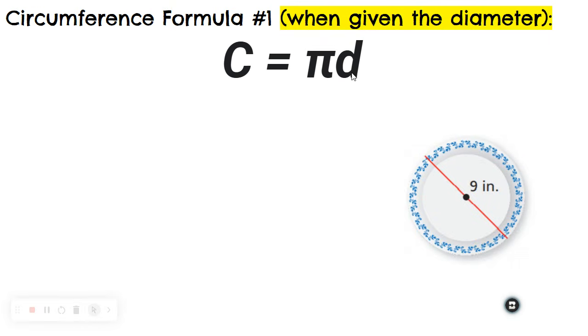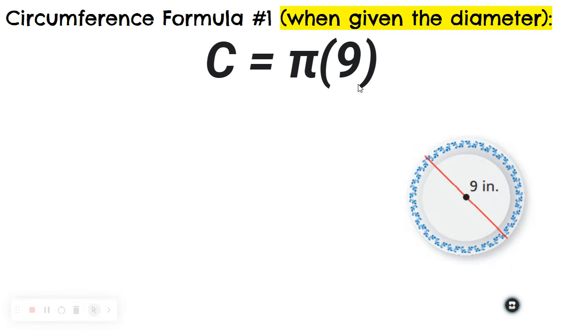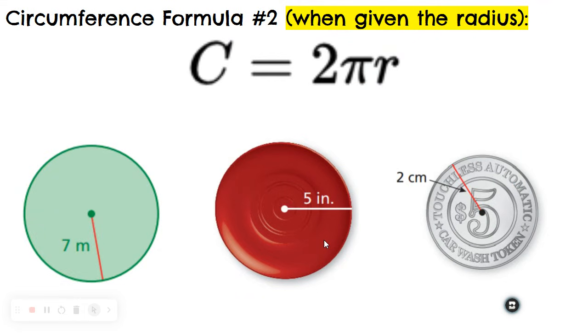So I'm going to take D out and I'm going to put 9 in its place. So in my calculator, I'm going to type 3.14 times 9. And I get 28.26. And this should be inches. That's my bad. I should have typed that. 28.26 inches, IN.